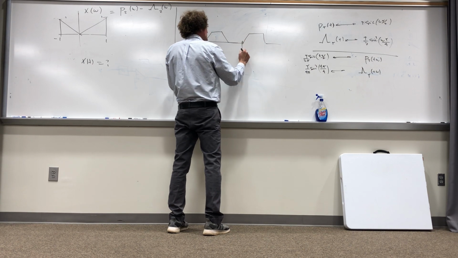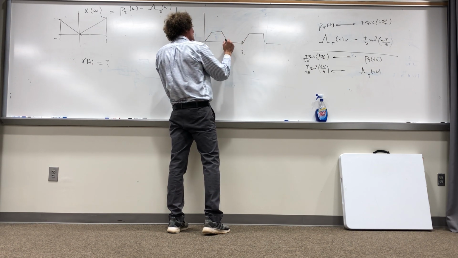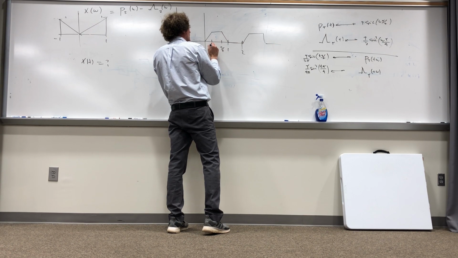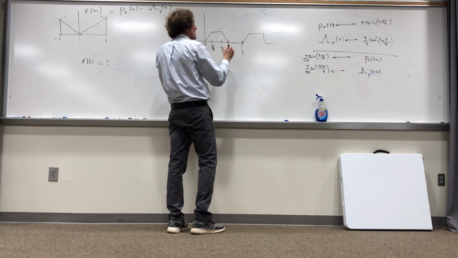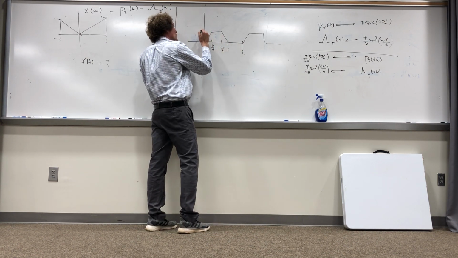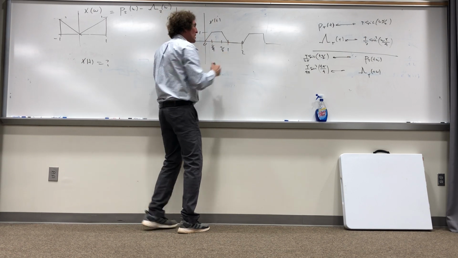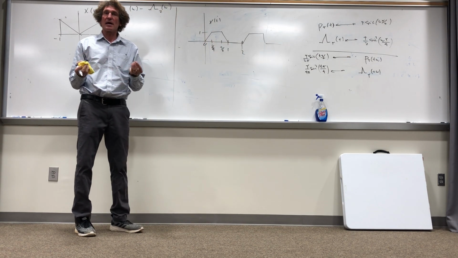Call this 2, call this 1, 3/4, 1/2, or maybe 1/4, and then 0. Well, anyway, I'm just going to say that this is 1 here, and this is my x of t. It's periodic. The period would be 2. You got to capture that.